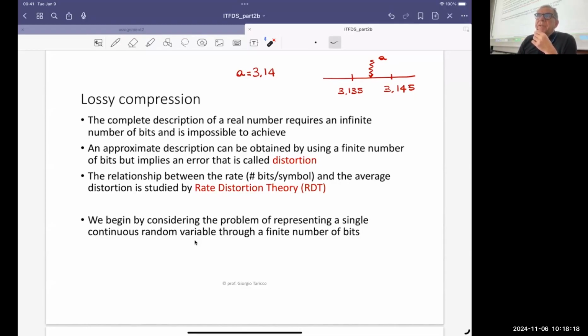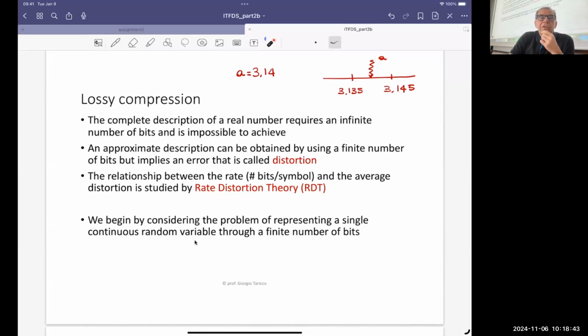We can represent real numbers in decimal form, but we can also represent them in a binary form. And it is exactly the same thing. The more binary digits we use, the smaller is the uncertainty interval where the real number is contained.